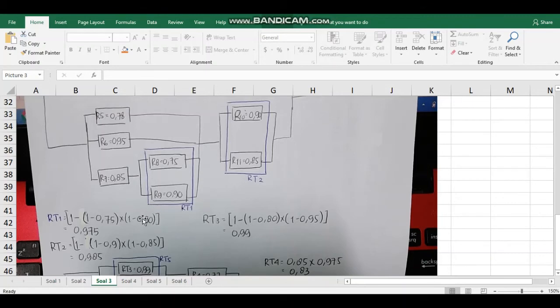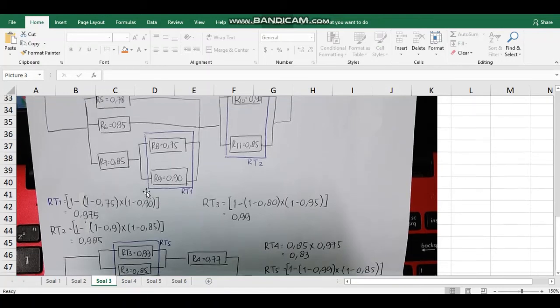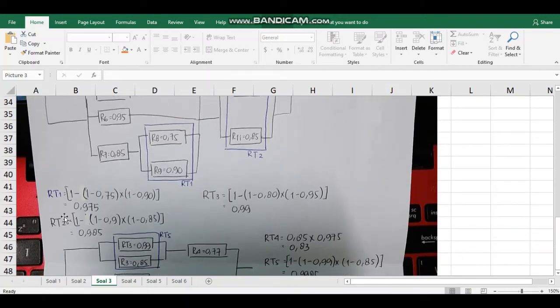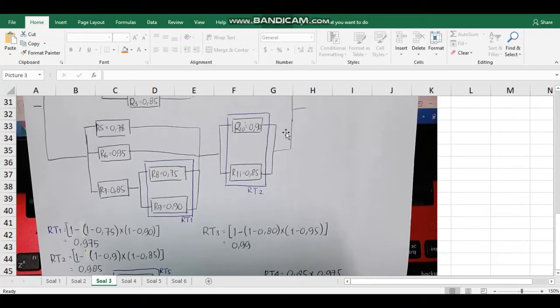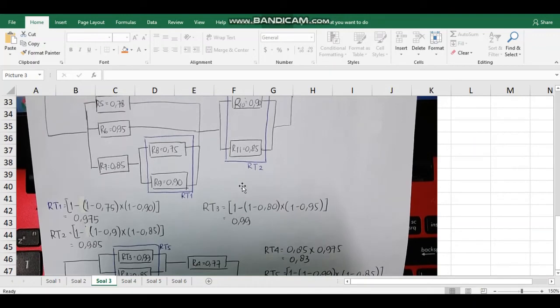Then we find that the result is 0.975 for this one after we combine these two for RT1. Then for RT2, we combine R10 with R11, where R11 is the redundancy for R10, and the reliability for these two is 1 minus, 1 minus the probability of the first component, multiplied with 1 minus 0.85.